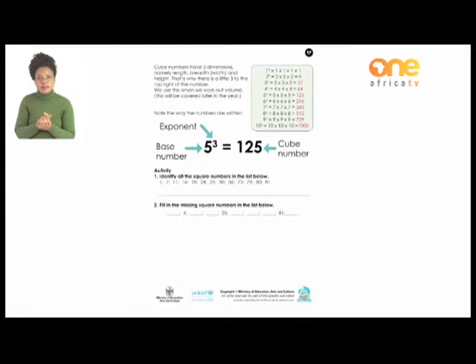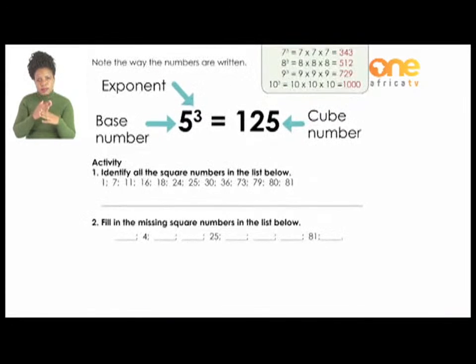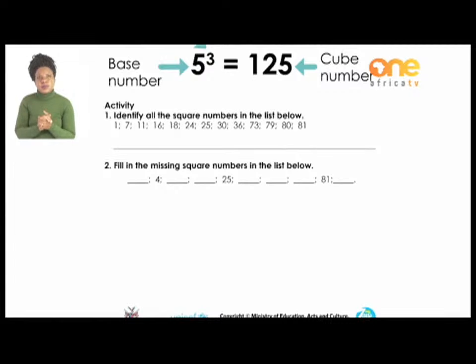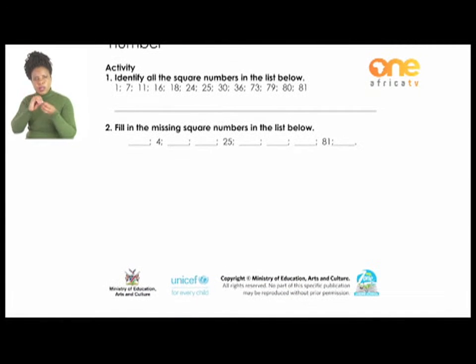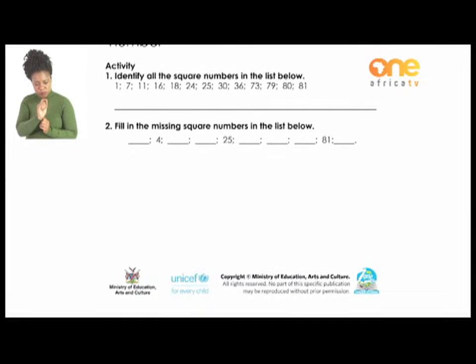The first question under our activity is to identify all the square numbers in the list below. The numbers there are: 1, 7, 11, 16, 18, 24, 25, 30, 36, 73, 79, 80, and 81.